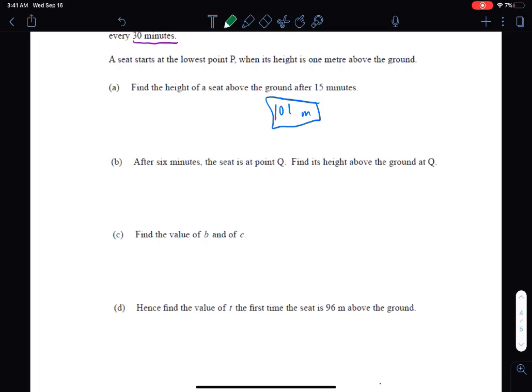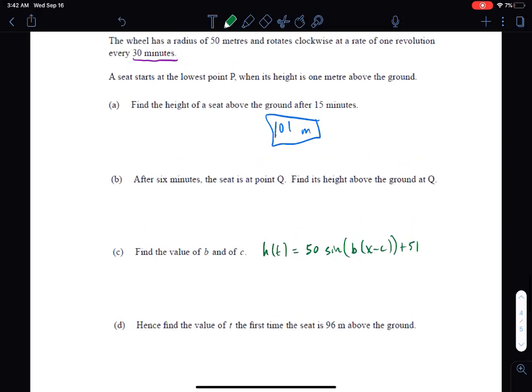It says there's an equation that models the height of the Ferris wheel with respect to time. Here's the equation you should have as part of this question for C and D specifically. Right after B, they give you this equation, and it was 50 sine of B factored out, x minus C, plus 51.